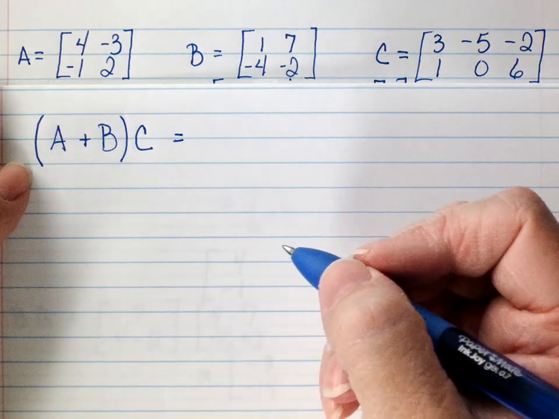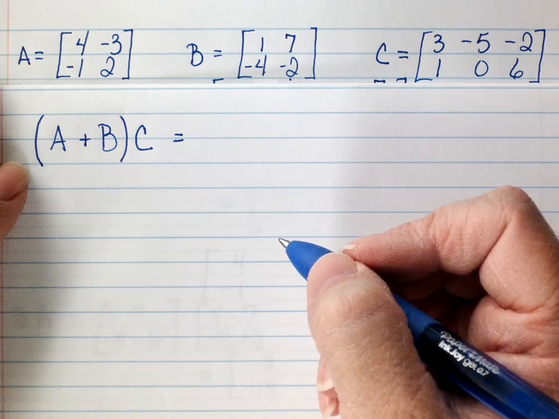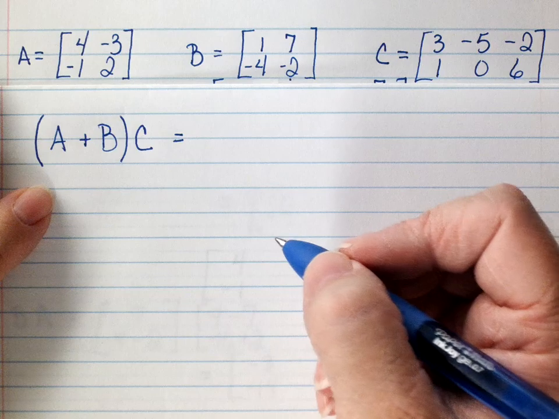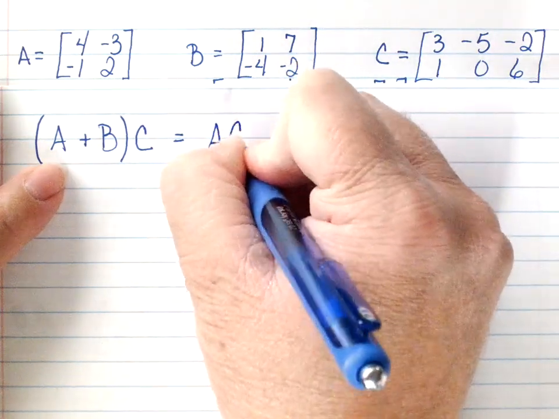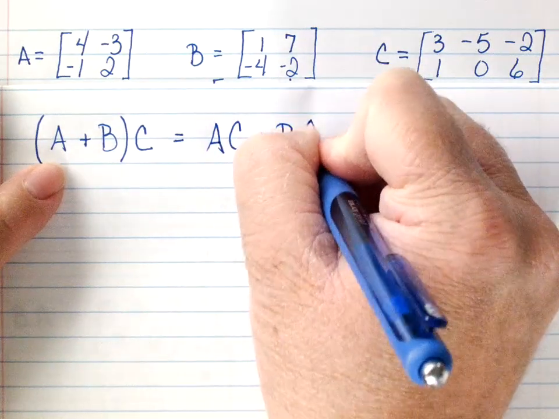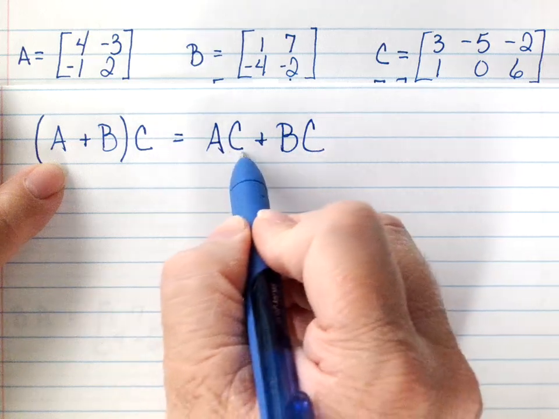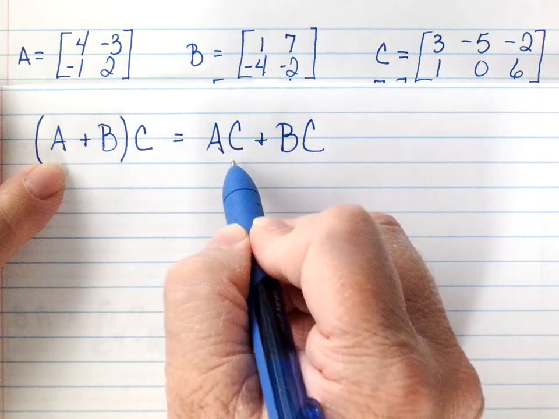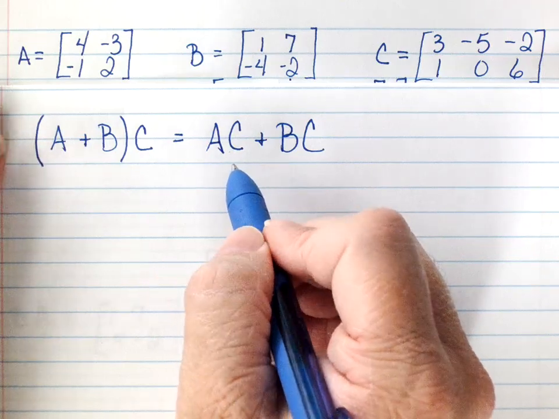And here, guys, order is important. It is not like the points on whose line is it anyway. Order is important. This is going to be AC plus BC. You'll notice that C here is on the right, and here when we multiply it through, it stays on the right. Order is important.